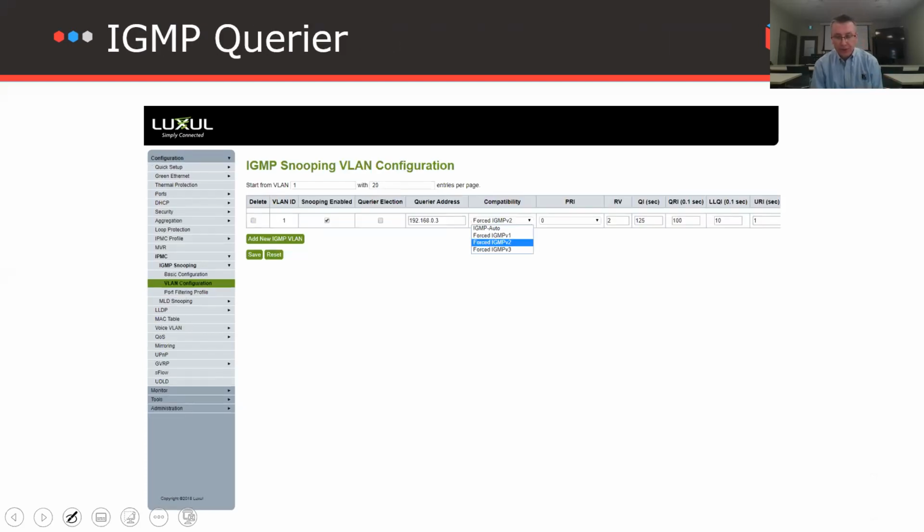The querier is just something you have to set up. There are a few different versions of it. You'll see most people will use IGMP version 2, only because version 1 doesn't support fast leave, which we'll talk about in a minute. And version 3 is the latest version, but has a whole bunch of other overhead features that we really don't use in video over IP.